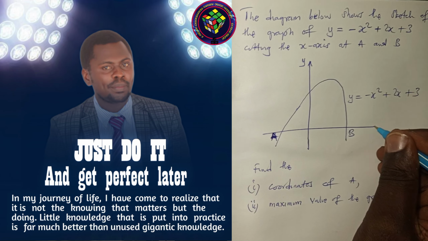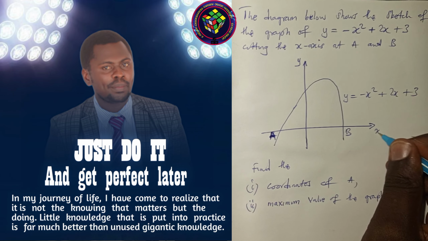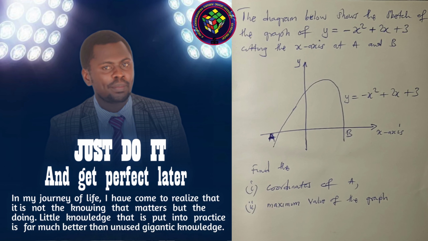We can see that A is on the x-axis, and always remember that you have the x-axis when y is equal to 0. So what you do is you get the equation of the curve, then you put a 0 where there is a y, then you solve for x.